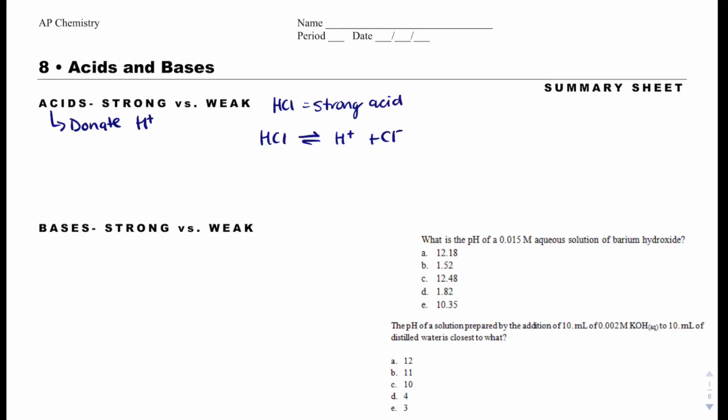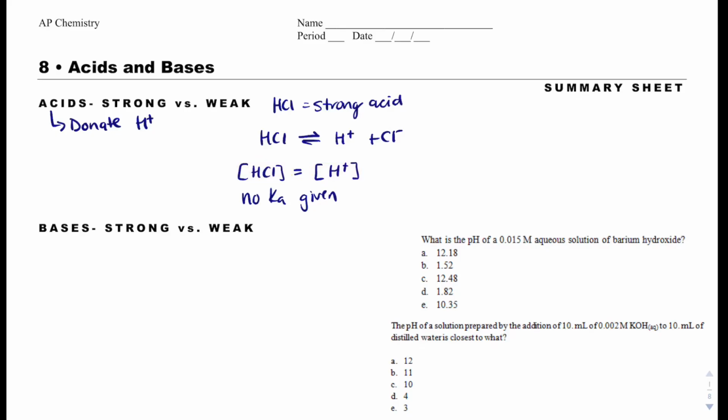And so because it dissociates 100%, the concentration of HCl will equal the concentration of H+. So typically with strong acids, no Ka will be given, because there's no need, because all of the HCl goes to H+.